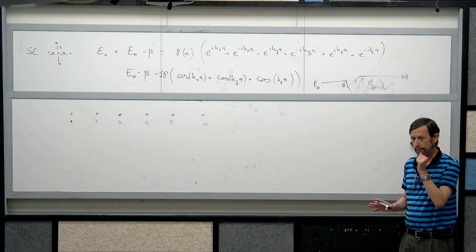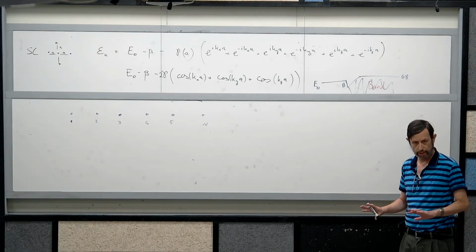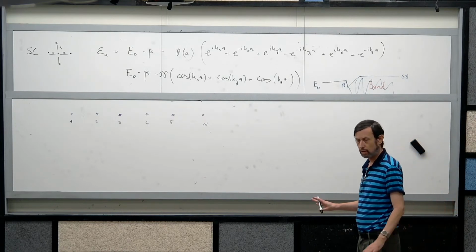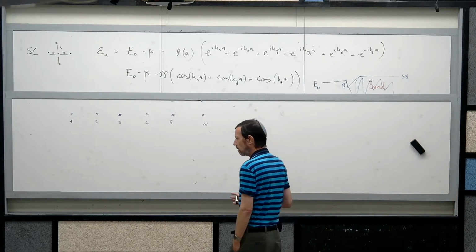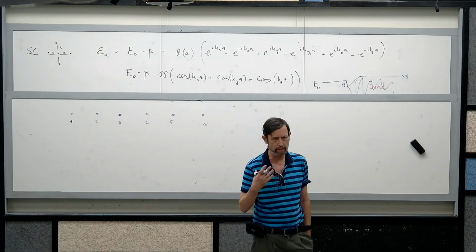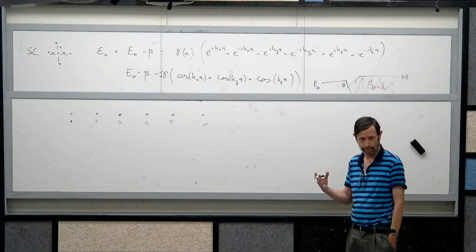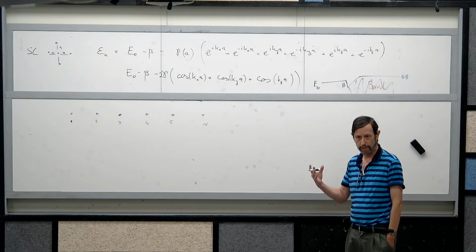I'm limiting myself to the single electron descriptions, that I have only one electron in this lattice, although you will see almost immediately at least what is a path to generalize it for more than a single electron. And that's what you will do in advanced quantum mechanics, many particle physics.